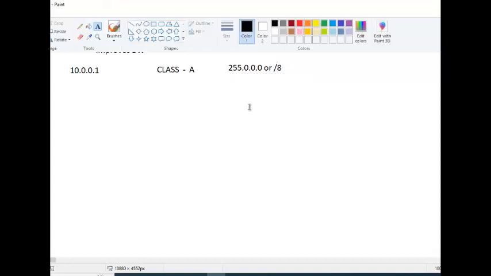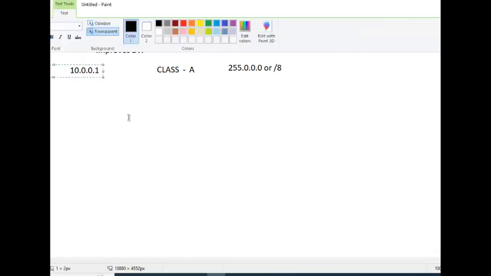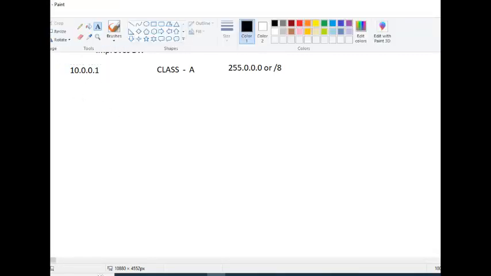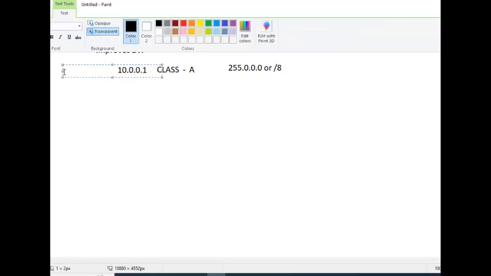And now, this is not a network, that's an IP. That's the first IP. If this is the first IP, what will be the network? This is the network.